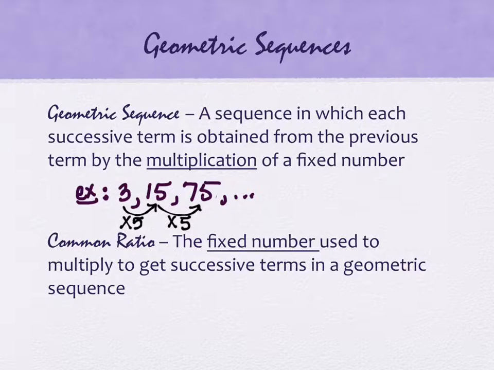And it doesn't have to be a whole number either. It could actually be a fraction. So let me give you an example of a fraction so that you can see what I mean when I say it could be a fraction.